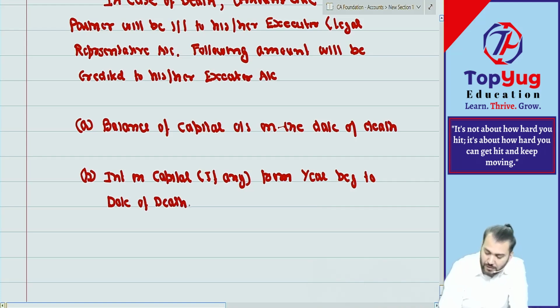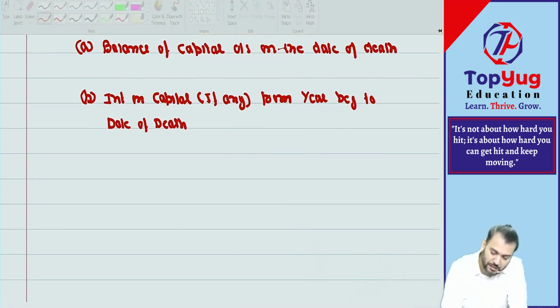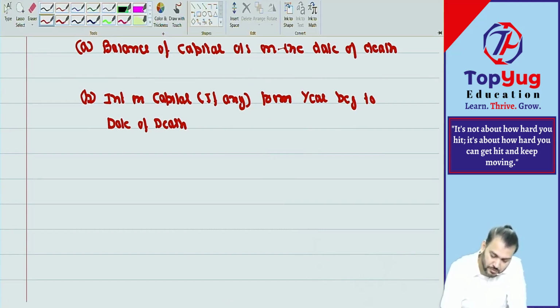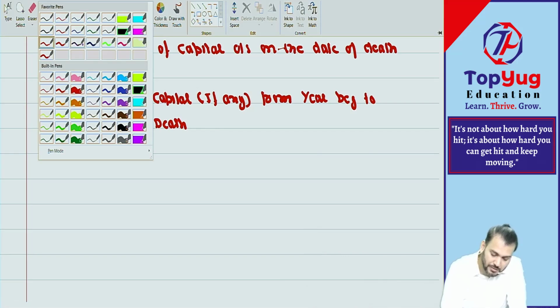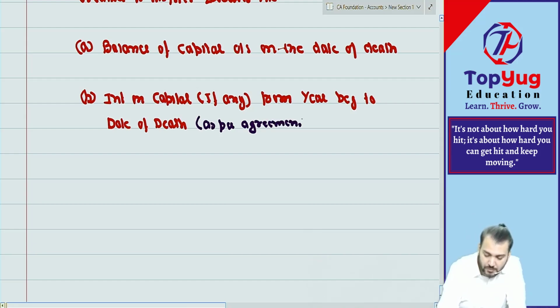So at per what? Rate of interest. What will be the rate of interest? Given in question. Very good. Means as per agreement. Correct na?